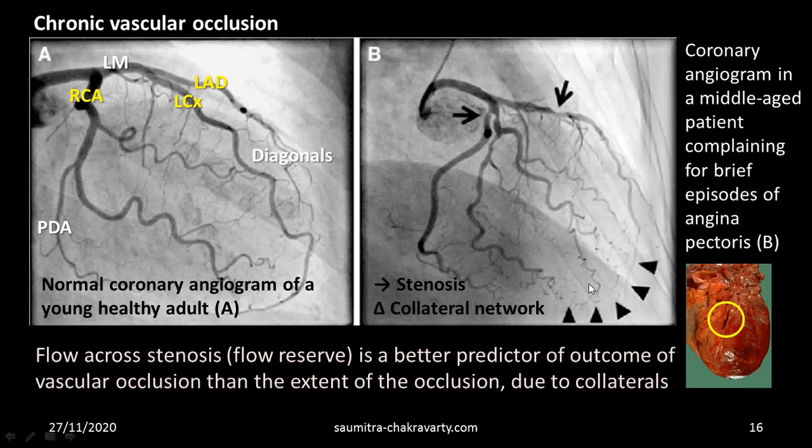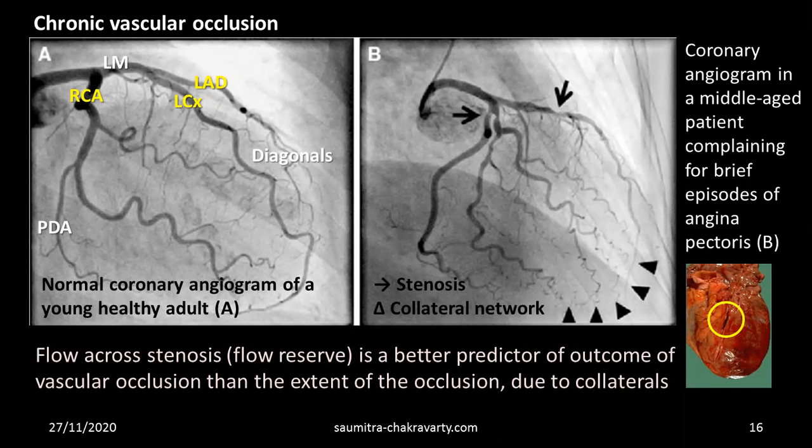Now, another thing you should notice: do you see these corkscrew-like vascular ends, like they are spiraling out of the vessels at this point? You see this? Yes, sir. It is also present somewhat here. What does this indicate? Collaterals. Collateral networks.